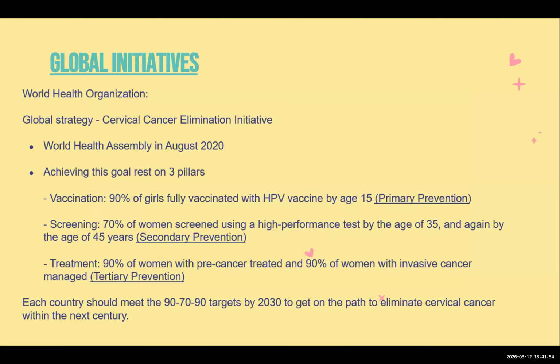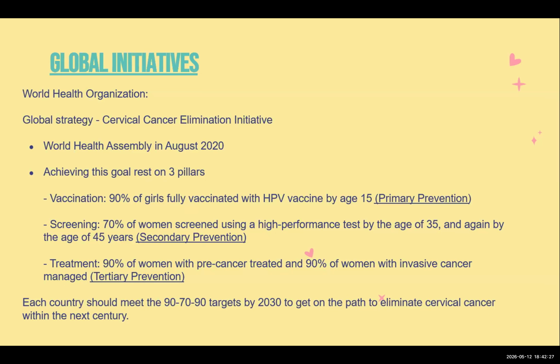So there was a global initiative by the World Health Organization called the Cervical Cancer Elimination Initiative. It was the World Health Assembly convened in August 2020, and they formulated 3 pillars, and it greatly resembled the 3 pillars of primary, secondary, and tertiary prevention. So with this, vaccination was the first pillar, where it suggested that 90% of girls be fully vaccinated with HPV vaccine by age 15.